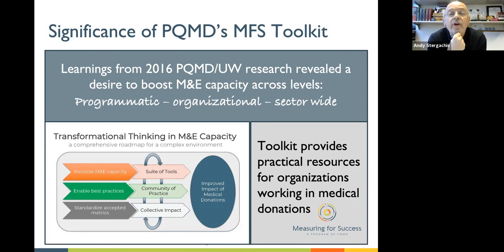One of the biggest needs had to do with the lack of technical staff and interest in additional support, and these were identified as key barriers to understanding the outcomes of product donation programs.